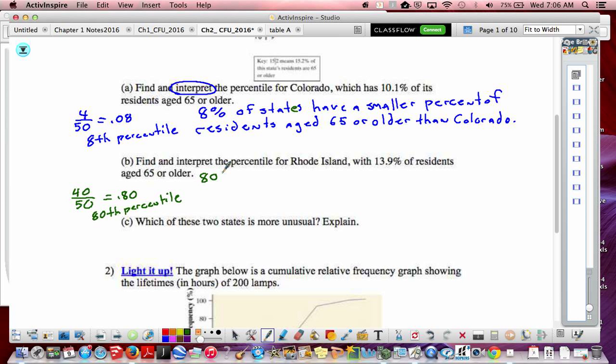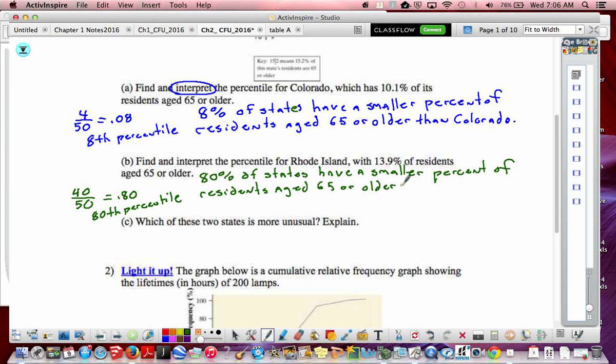So now I'm saying 80% of states have a smaller percent of residents aged 65 or older than Rhode Island.